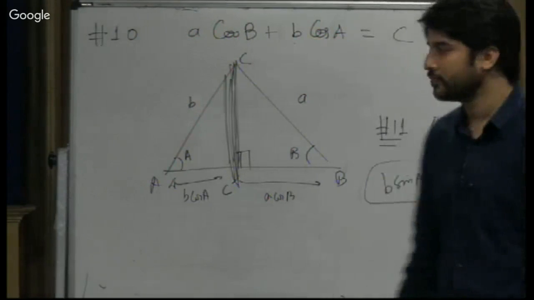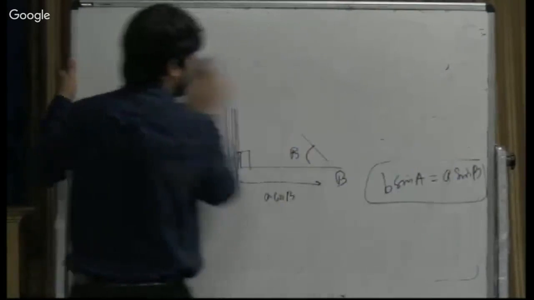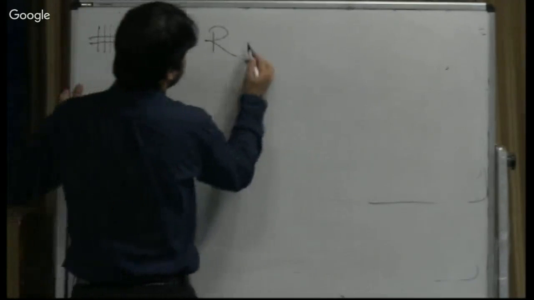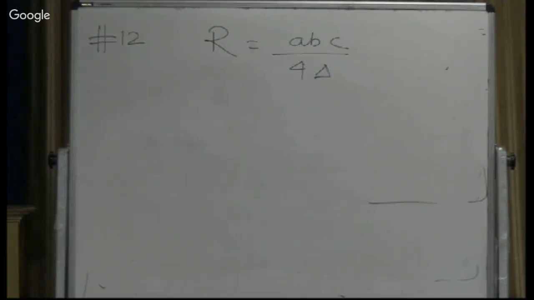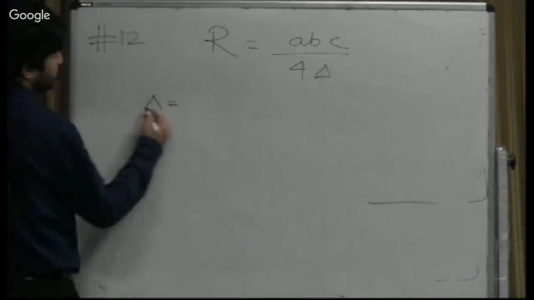Done? Now the 12th property says R is equal to abc by 4 delta. How to prove this? Simple, start from delta.